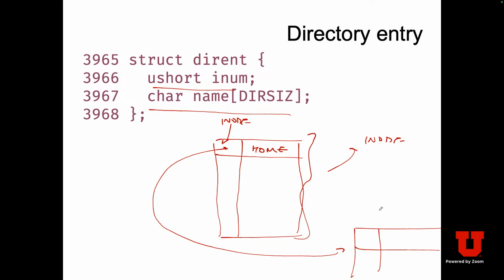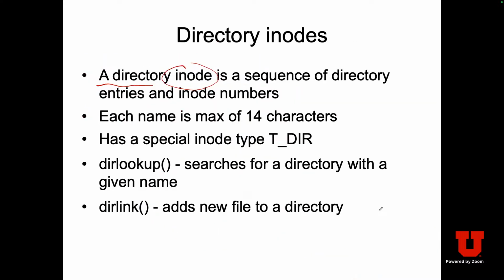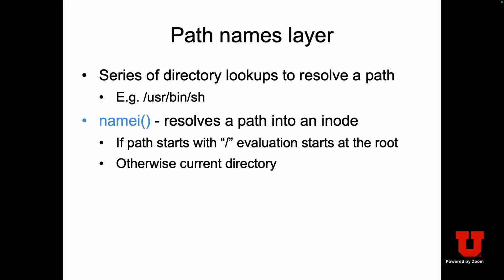And so what you do here is that this inode will have a special type, directory, to distinguish it from regular files, which are not directories. And you have a couple of functions which allow you to do a lookup, right? And the most powerful function in this family is the namei function, which we mentioned a couple of times.